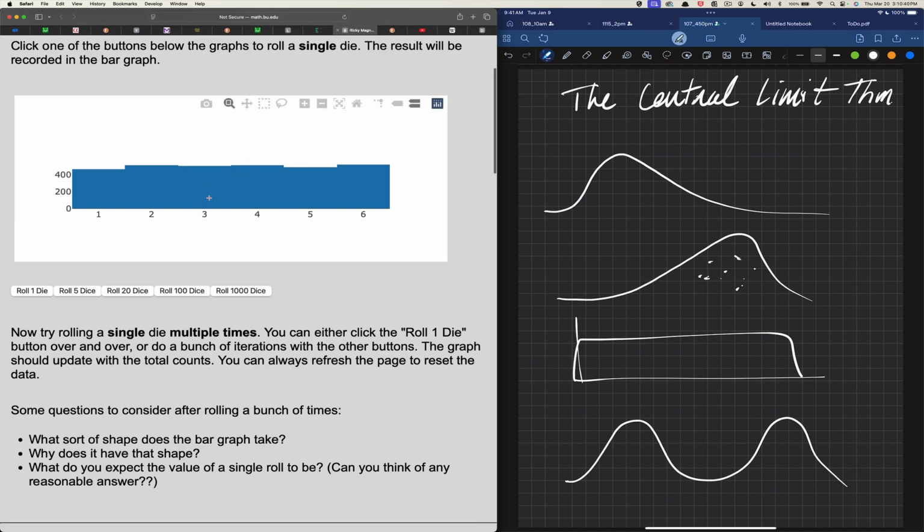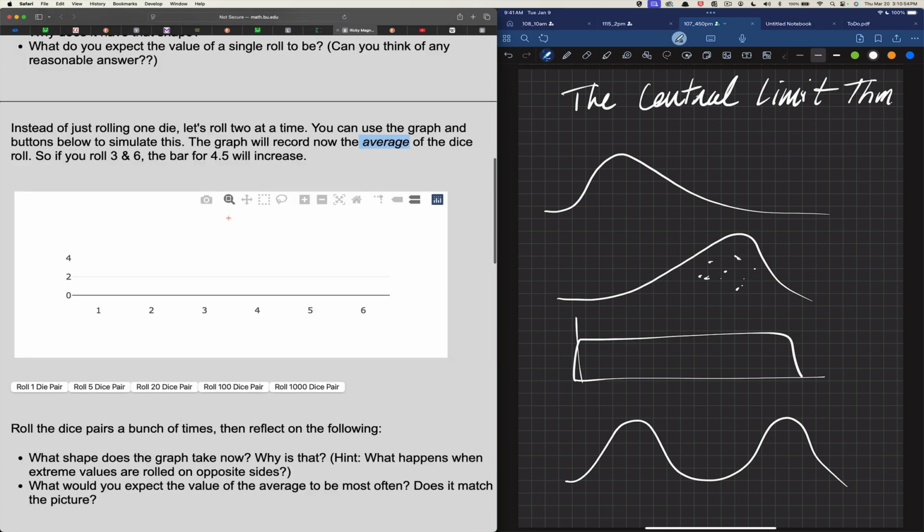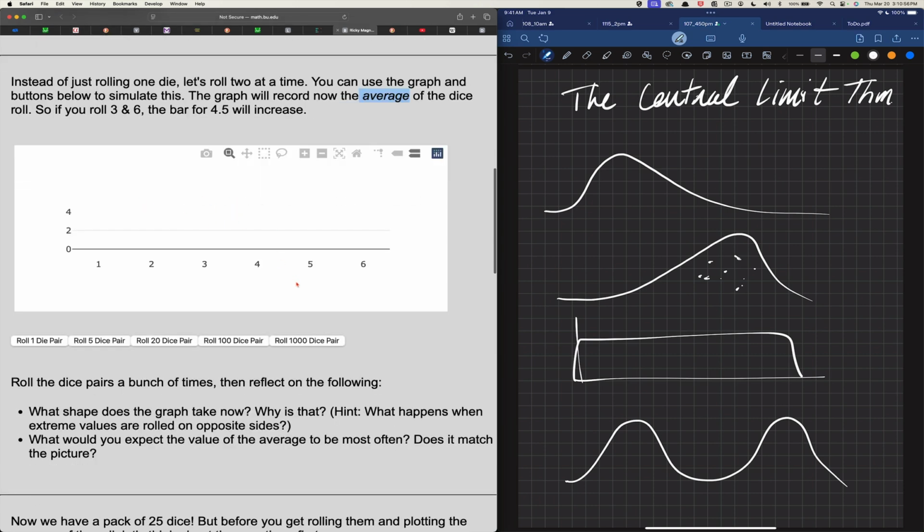If I randomly pulled a 3, then I'm going to take the average. It will be 3. But if I randomly pulled a 2 with a 6, 6 plus 2 gives me an average of 4. So this distribution, and I'm going to plot a 4, is going to be a plot of the sample means or the sample averages.